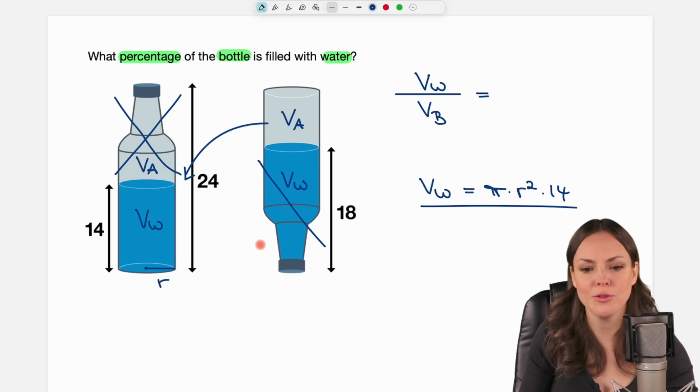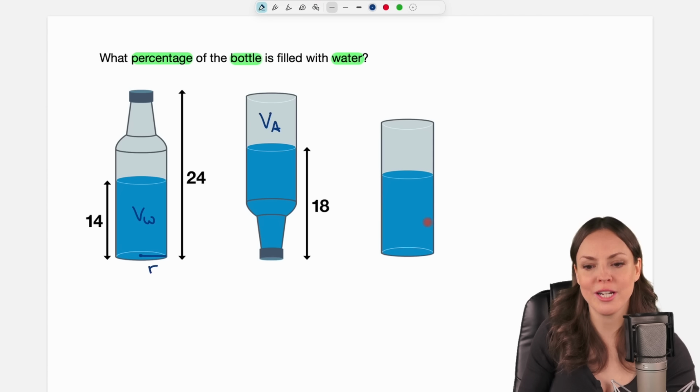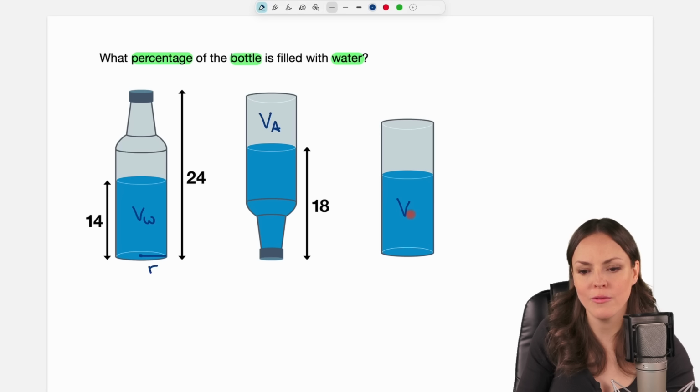We're not going to use this part down here because it has this weird shape again. We only work with cylinders, so my new creation looks like this, where I have my water down here, which is just the volume of my water, and here my air, which is the volume of my air, and both of them together are the volume of the entire bottle.